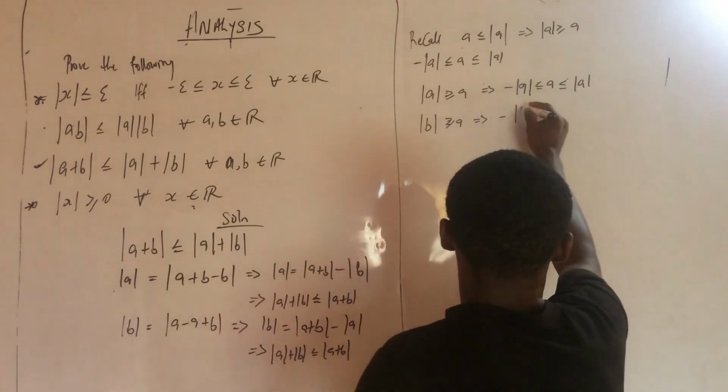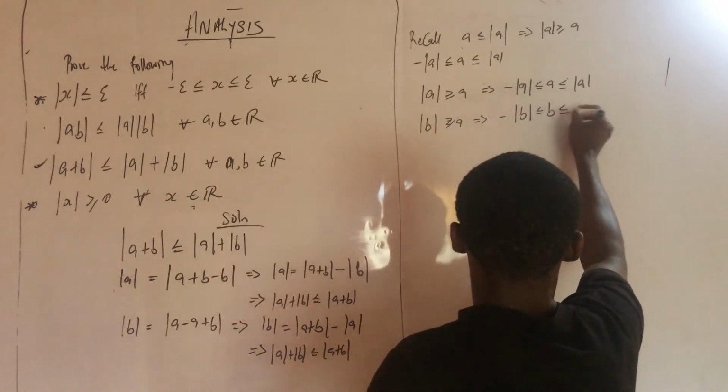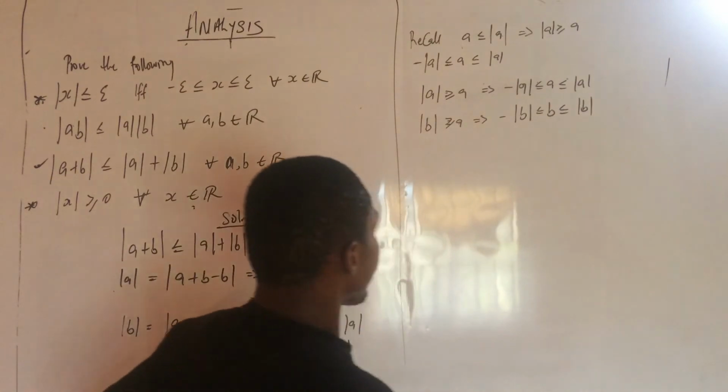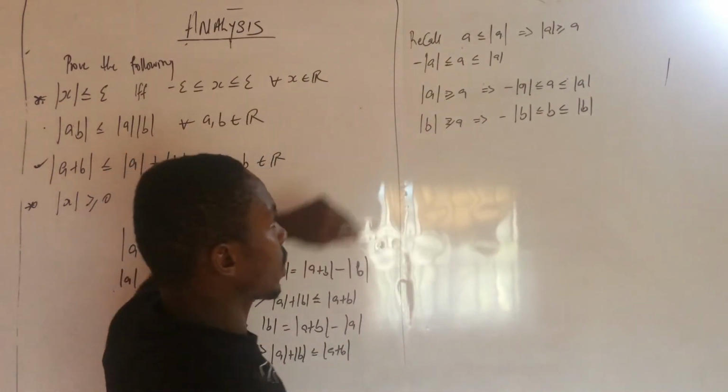Implies that minus the absolute value of b is less than or equal to b, less than or equal to the absolute value of b. So we're now going to add these two together.